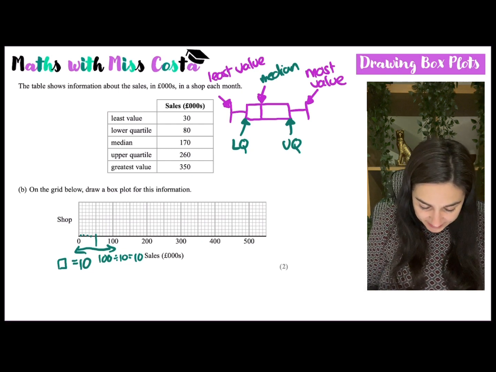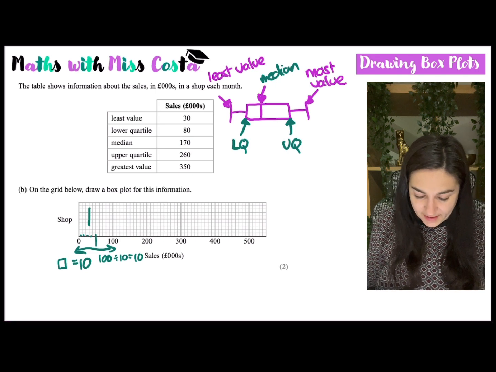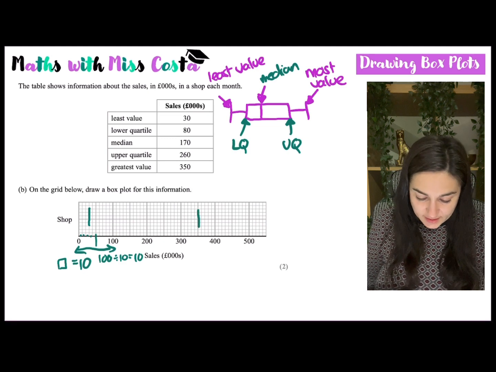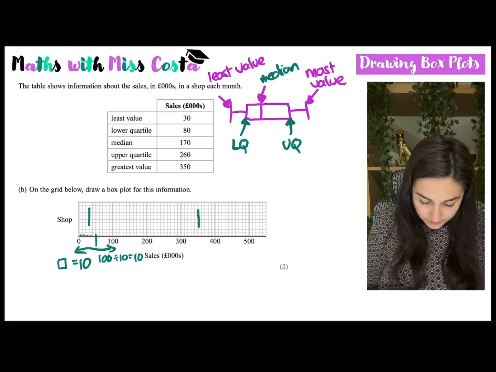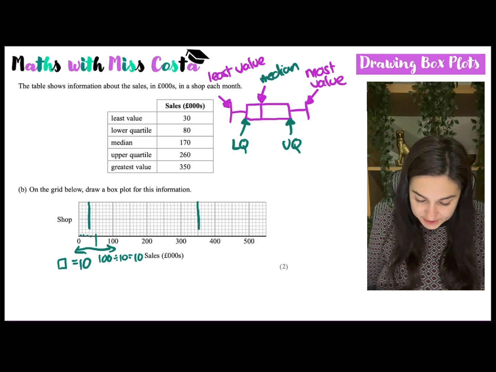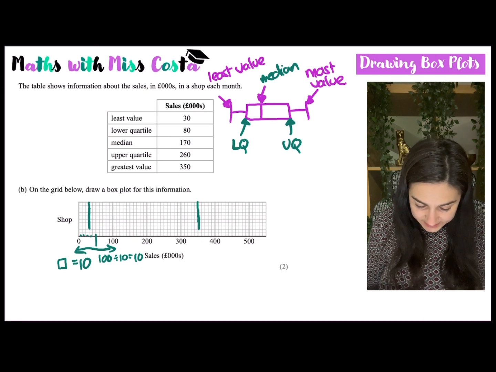So anyway, the least value is going to be 30. So 1, 2, 3, I'm going to put that on 30. The greatest value is 350. The median, so I can make these a bit bigger if I want, just to differentiate them. The median is 170, so this would be 150, 60, 70.